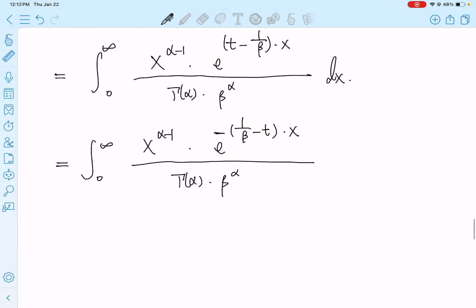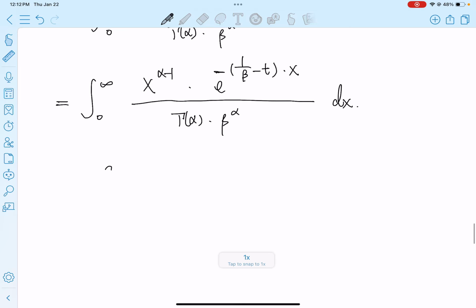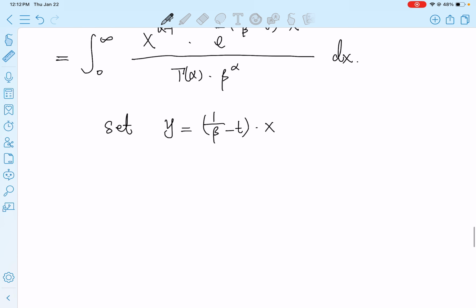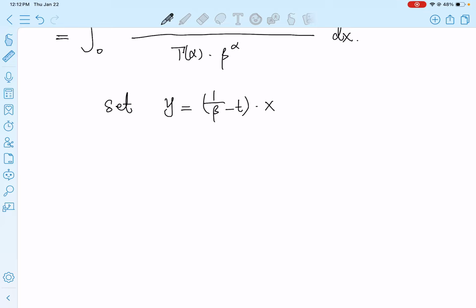Okay, so this is the new integral I want to evaluate. Again, we can use u substitution by setting y equal to 1 over beta minus t, multiplying by x. And this is saying x is equal to 1 over beta minus t, raised to the power of negative 1, since 1 over a is equal to a raised to the power of negative 1, multiplied by y.